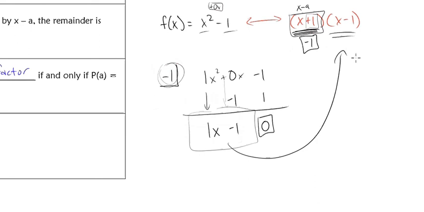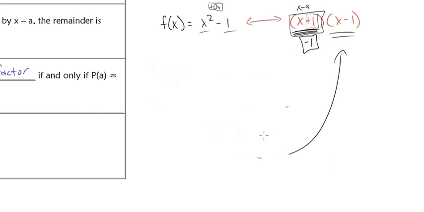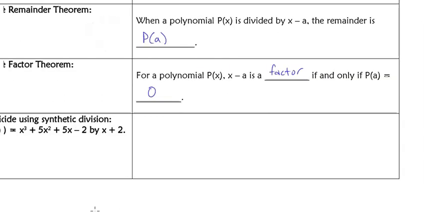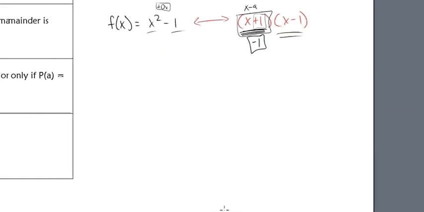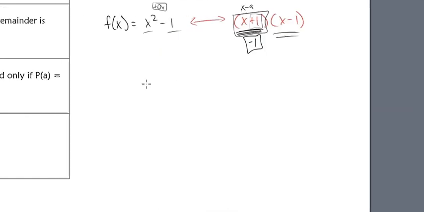All right, now let's do that same process again, but divide by something that isn't going to be a factor, just to see if we can show ourselves what the remainder and factor theorems mean here. So if we took x squared minus 1, so again 1, 0, negative 1, but this time let's divide by x minus 2.